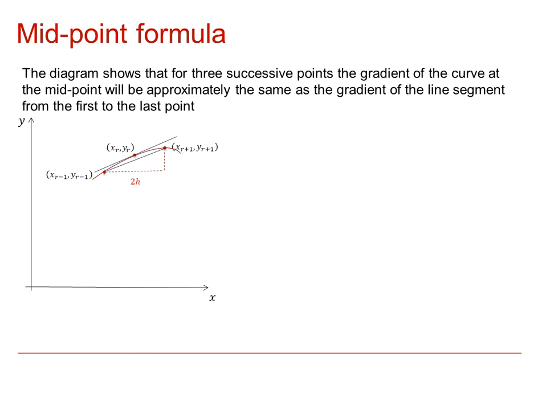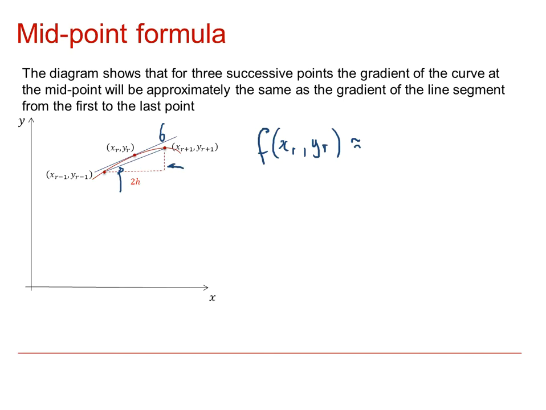This diagram shows that the gradient at the midpoint of an interval here is going to be approximately the same as the gradient of the line between the endpoints of an interval. Therefore, we can use the idea that the gradient at that midpoint, which will be given by the function, remember, which gives us the derivative, so f of xr, yr, will be approximately the same as the gradient using this triangle.